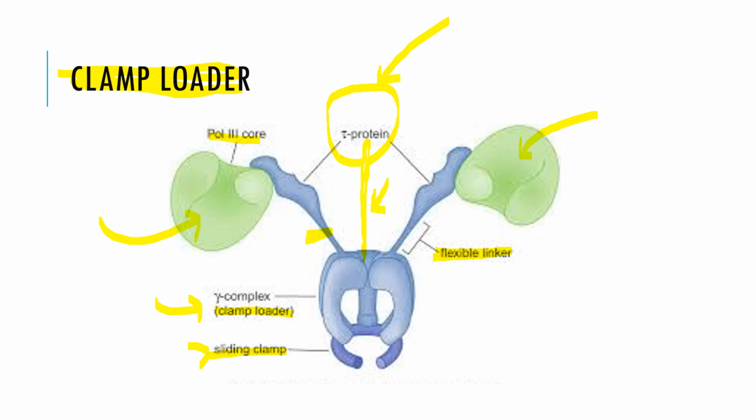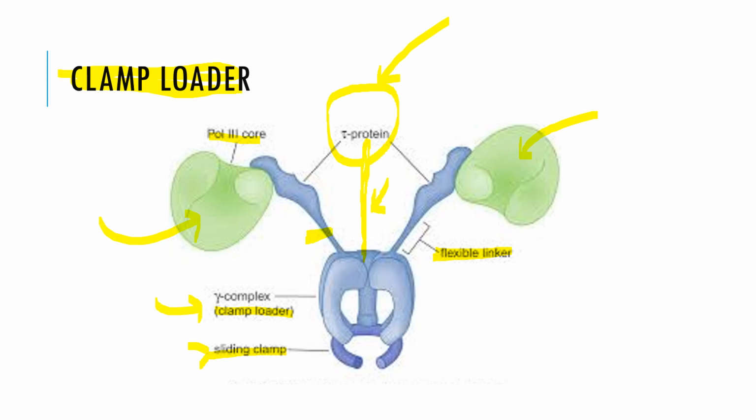After completing their work on one part, they will move to another part. So if there is flexibility, after completing work on a small part, they can move to another part to complete the process of polymerization and DNA replication on that part. That's why these two arms are flexible. So this is the structure of the clamp loader.